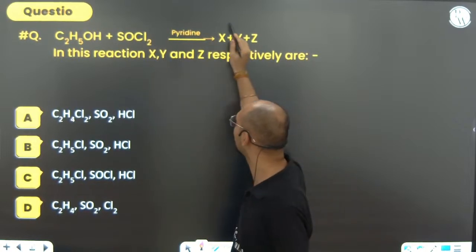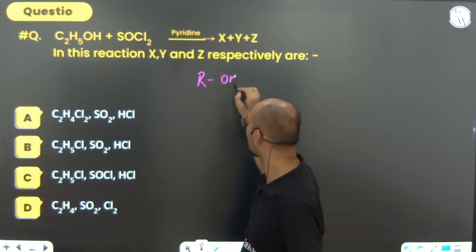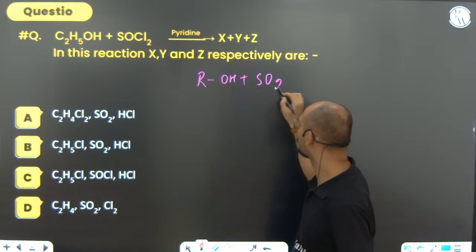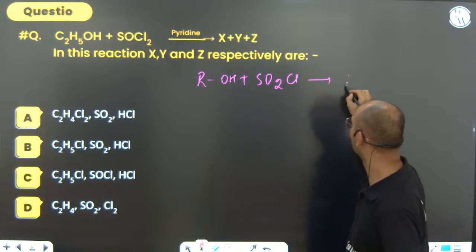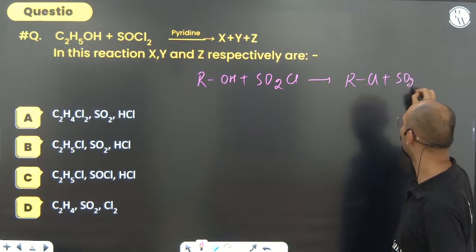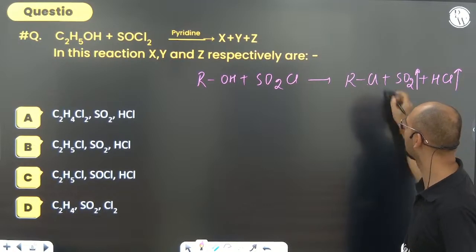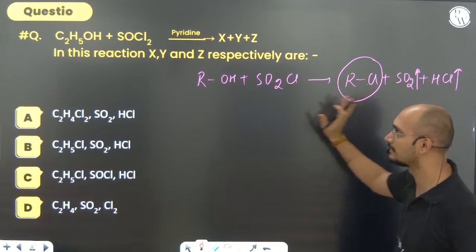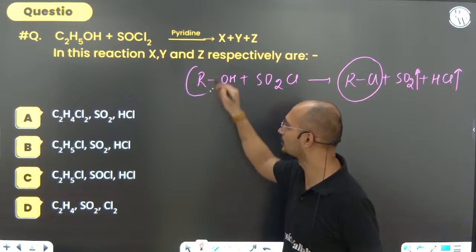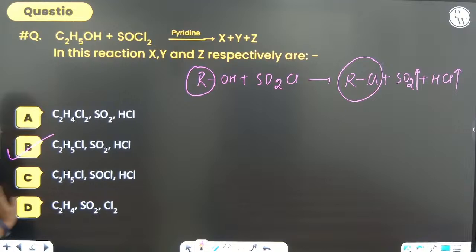So what will be formed here? Consider ROH. Whenever ROH reacts with SOCl2, it gives RCl plus SO2 plus HCl. HCl will be gone, SO2 will be gone. What will remain? RCl. So here R is nothing but C2H5, so C2H5Cl plus SO2 plus HCl. Is there any issue? No issues.